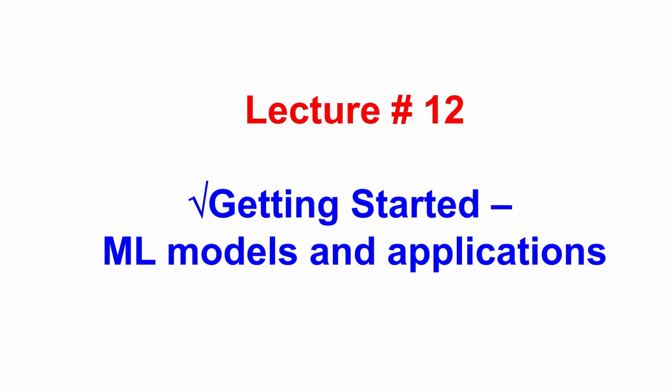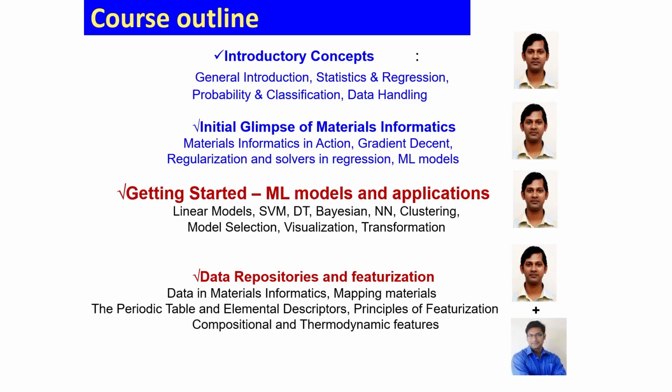This is about the portion called getting started with machine learning models and applications. As you know, application becomes part of the modeling. At the end of this course, you are supposed to learn all these models and use them using Python, because Python is the language which is used to prepare codes for different kinds of machine learning based models.